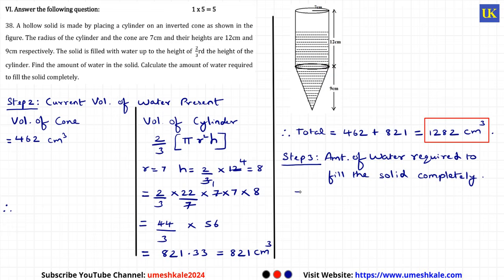And for that what we need to do is we need to take the answer of step 1 and subtract it with the answer of step 2.